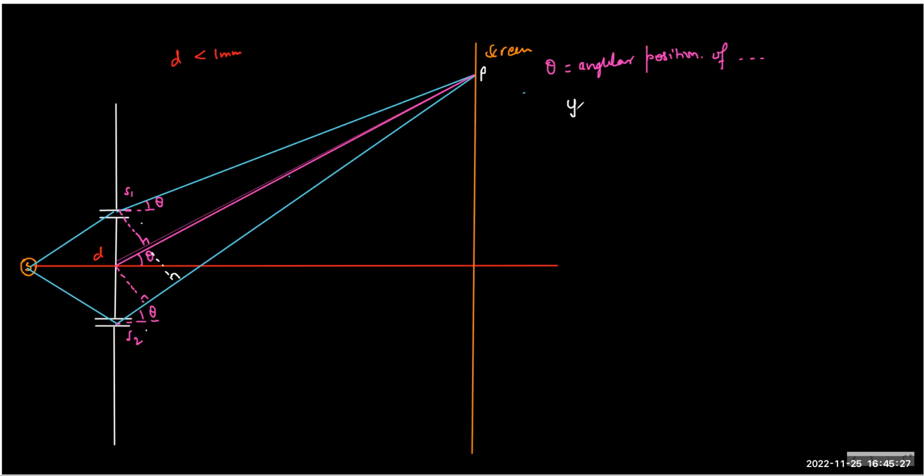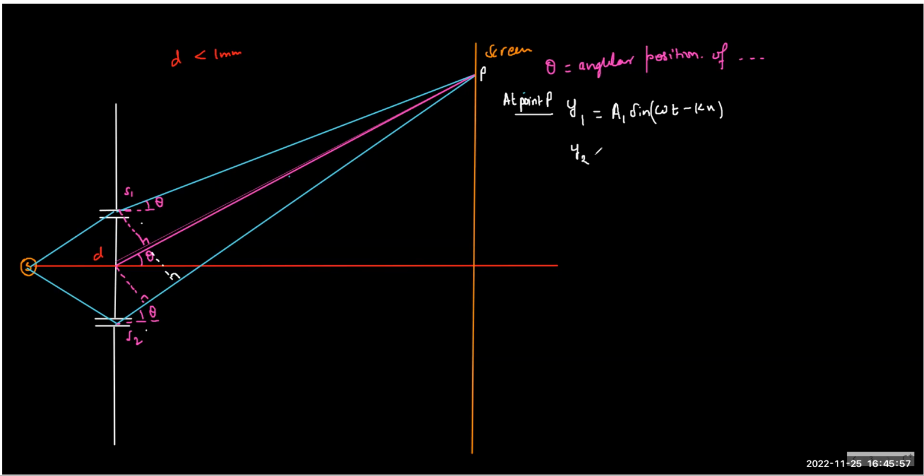So if I write the first wave at point P, it may have amplitude A1, and it is a traveling wave, so we can write omega t minus kx.